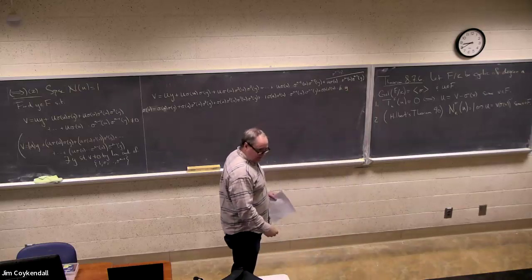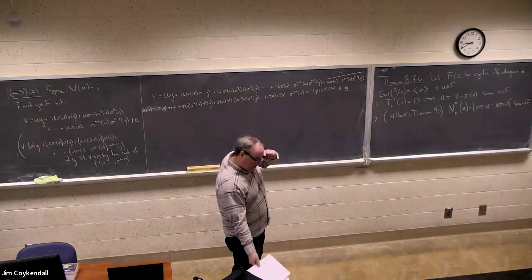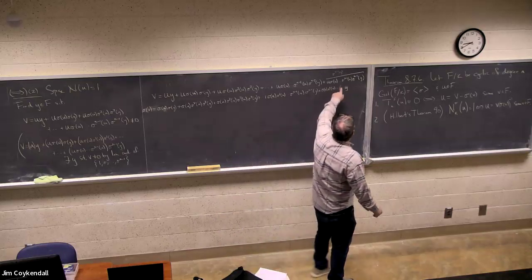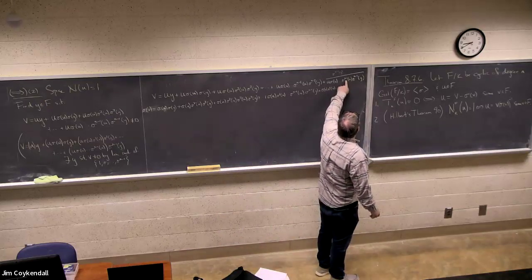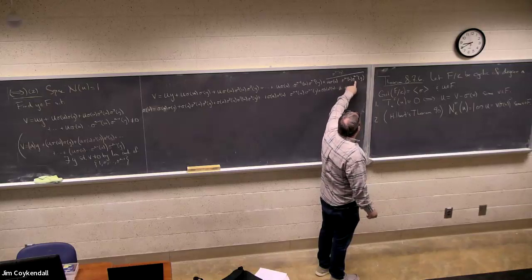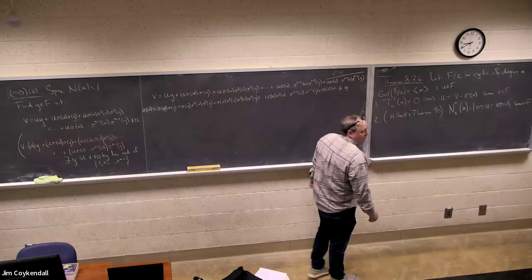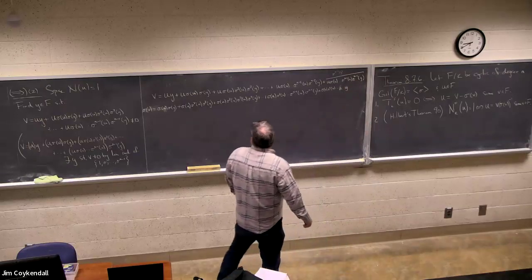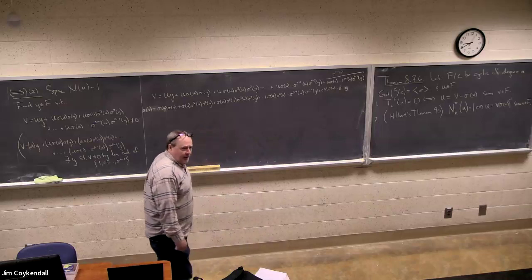Do I agree with that? Because the sigma n here is the identity automorphism, since this is cyclic of order n. And sigma n y is just y. Everybody okay with that? Yes.